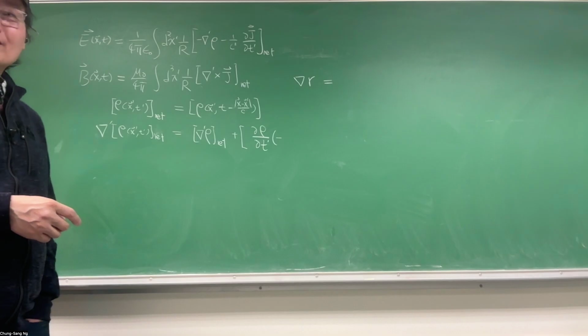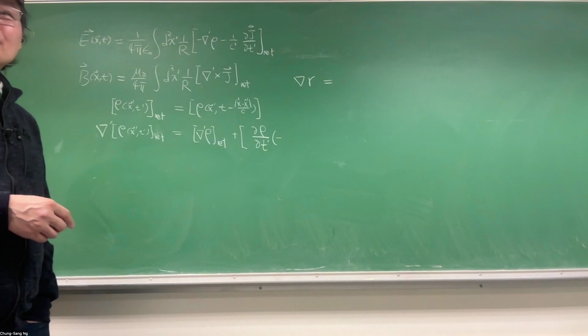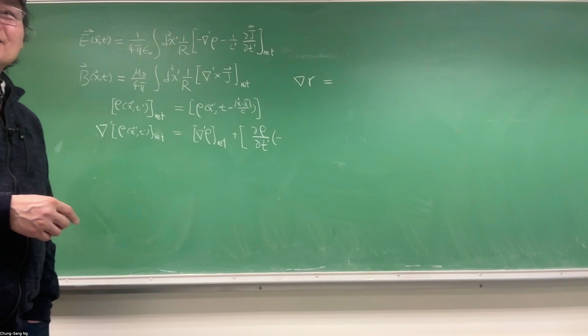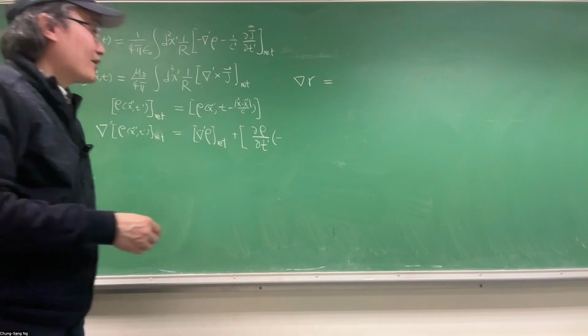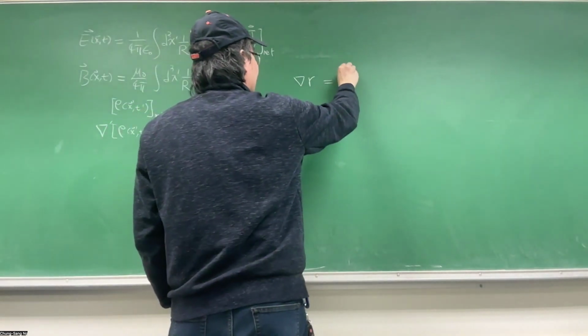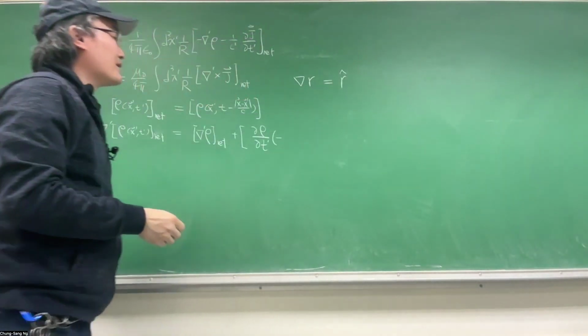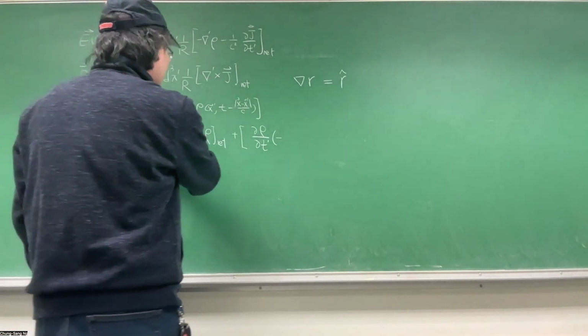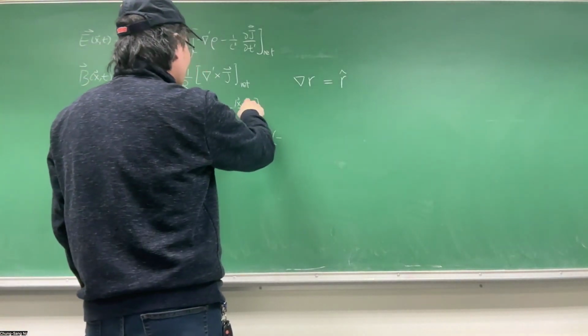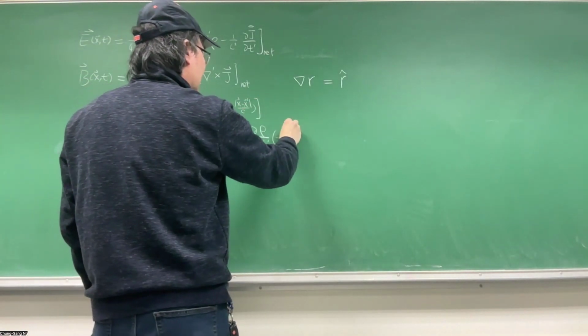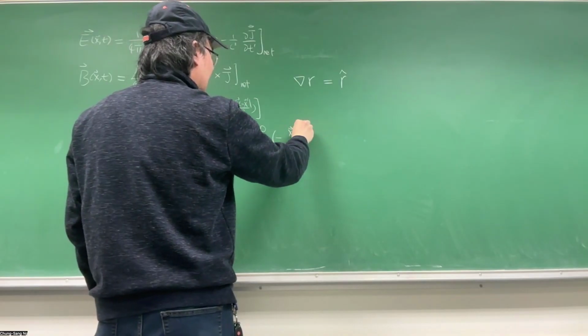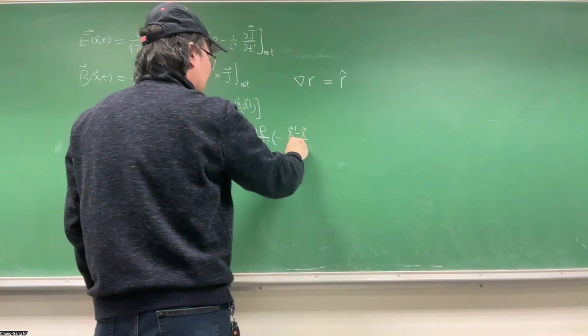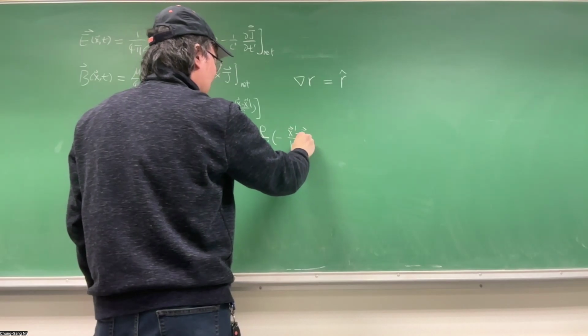One in what unit vector? It's a vector. Gradient is a vector. The unit vector. Yeah, that is basically it. So, a minus sign and then the unit vector in the x prime coordinates: x prime minus x divided by its magnitude.